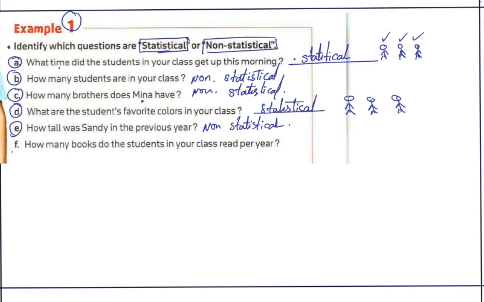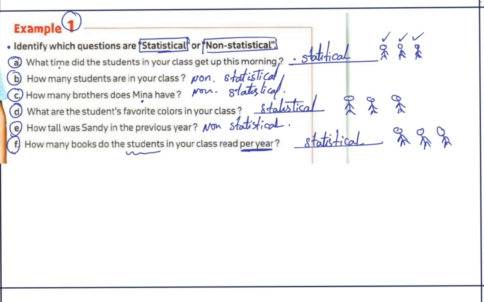Last point: how many books do the students in your class read per year? All students, so you need to ask everyone about the number of books he reads per year. So it's a statistical question.